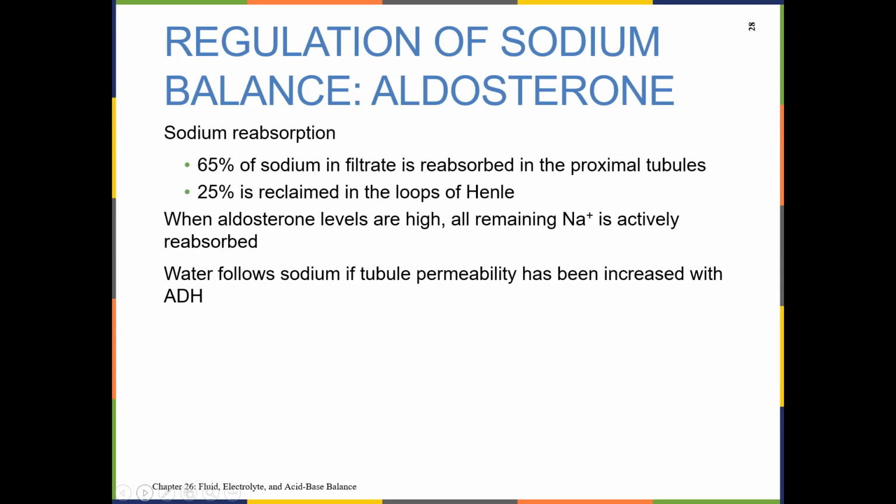So 90% of all the sodium that goes into the filtrate is recovered before we ever get to the collecting duct. 65% of sodium comes out in the proximal tubule, 25% in the loop of Henle, and then the remaining 10% we will recover if aldosterone is present. Aldosterone acts on the distal tubule, so that last 10% can get recovered. And water will always follow sodium.